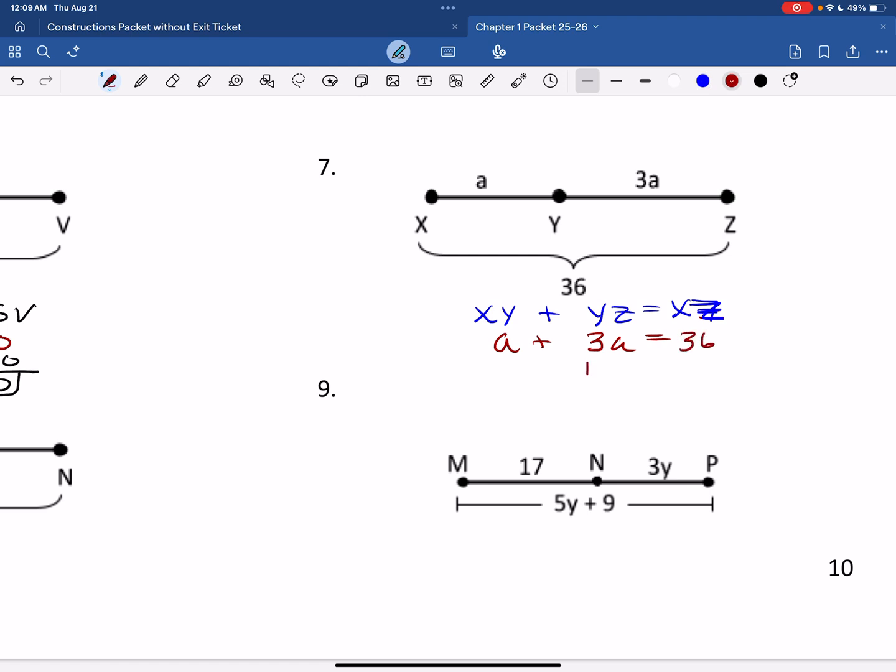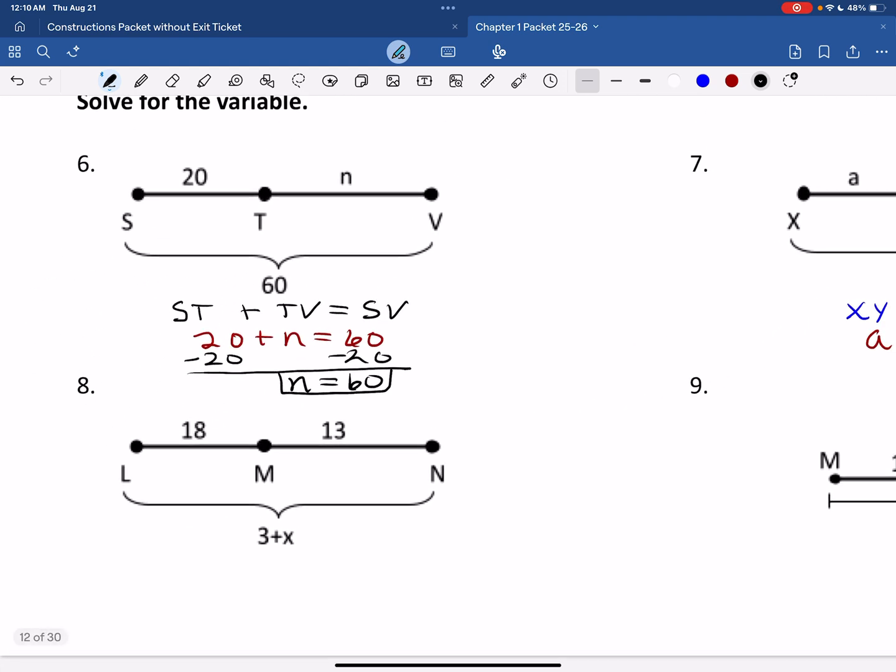So add those up, I get 4a equals 36. And then I'm going to divide by 4 and divide by 4. So a equals 9.